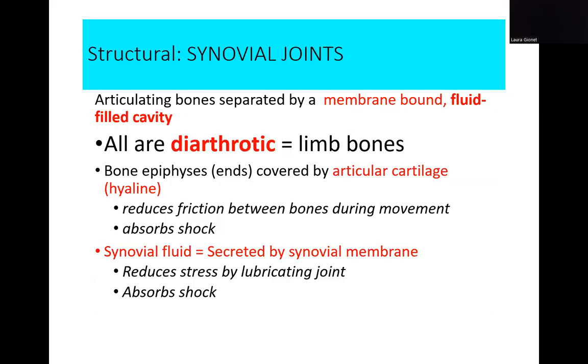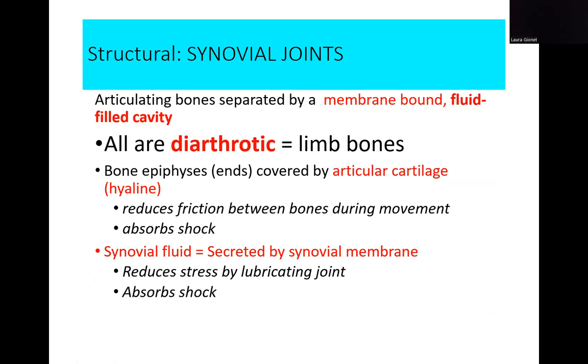All right, or we have synovial joints if we're going to structurally classify. These are articulating bones separated by a membrane-bound, fluid-filled cavity. These are very abundant because synovial joints impart a lot of movement.